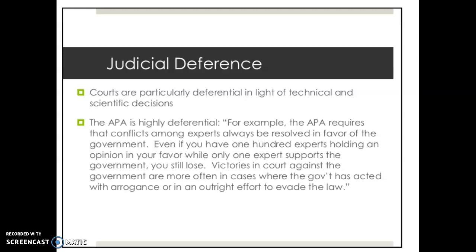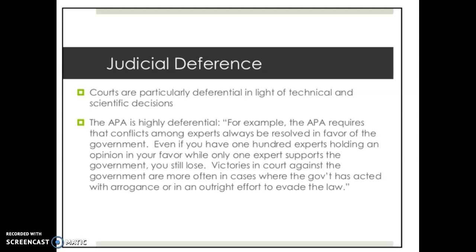Courts are particularly deferential in light of technical and scientific decisions, which makes sense because they're not experts, and the Administrative Procedures Act is highly deferential. It requires that conflicts among experts always be resolved in favor of the government. So if there's an area of disagreement between experts, they will always side with the government if one of the experts supports the government.